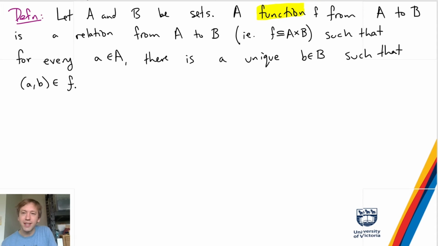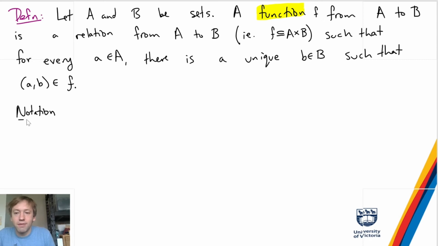Okay, I'm guessing that this is probably not what you thought a function was, but formally speaking, this is the definition of a function. So like I said, I don't want you to just forget everything you learned before, but try to think about functions in this way from here forward. By the way, a bit of notation.